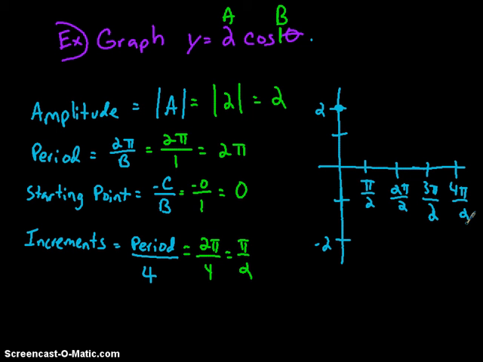When I graph it, this point right here is my max, then an intercept, then my minimum right here, intercept, maximum. So it goes down and back up, and that's one period of the curve.